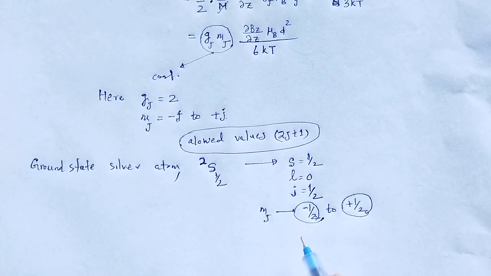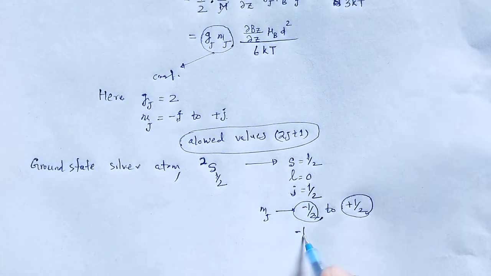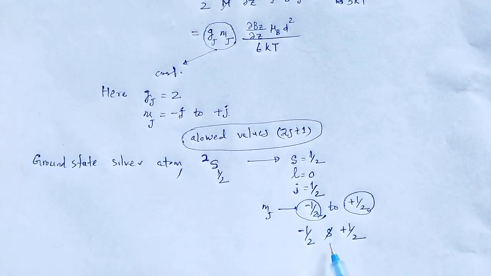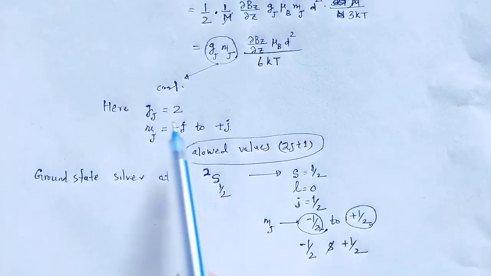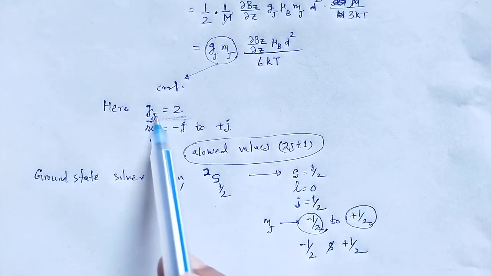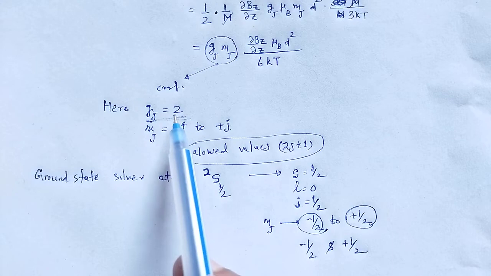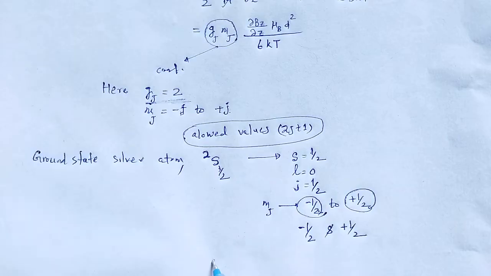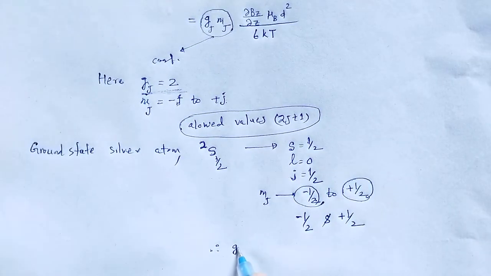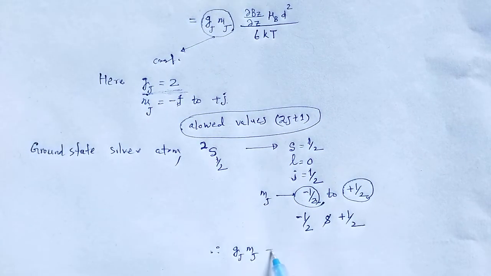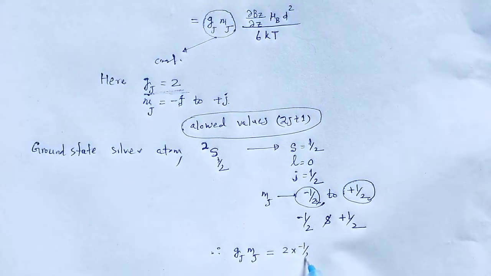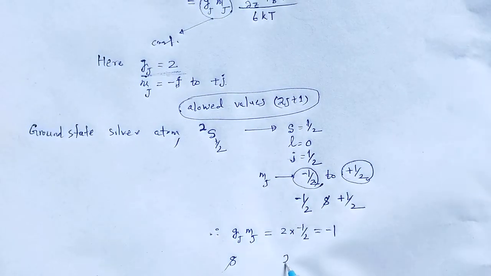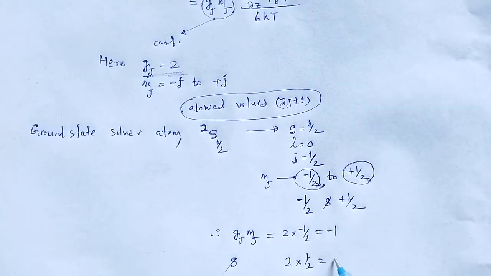So the values are minus half and plus half. Using this mj here, gj is equal to 2, therefore the term gj mj, 2 into minus half, we get minus 1, and again 2 into plus half we get plus 1.